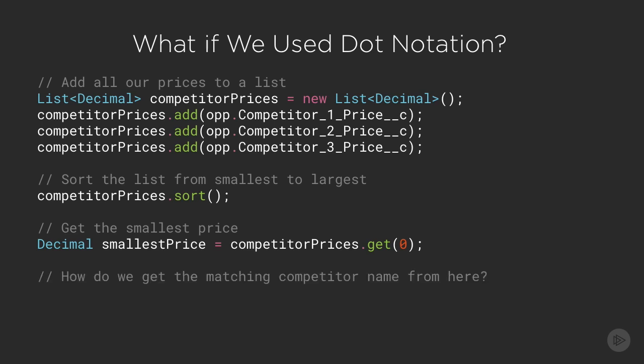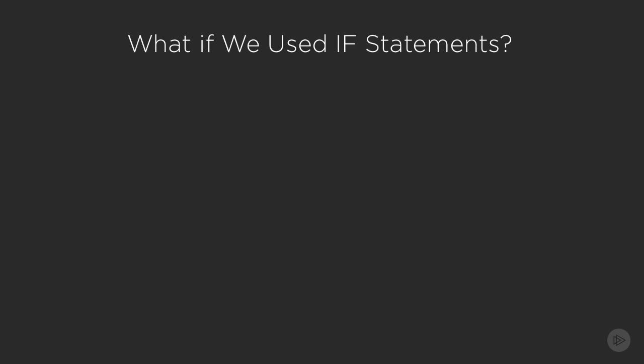So how do we find the matching competitor that has this price from here? Well, I can imagine doing this using if statements. However, we already have another potential if statement solution, so adding a bunch of if statements to this seems like overkill. Moving on.